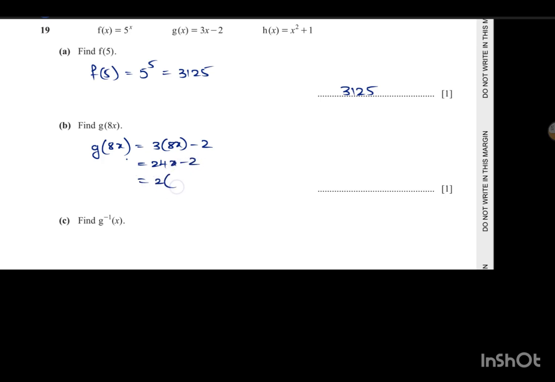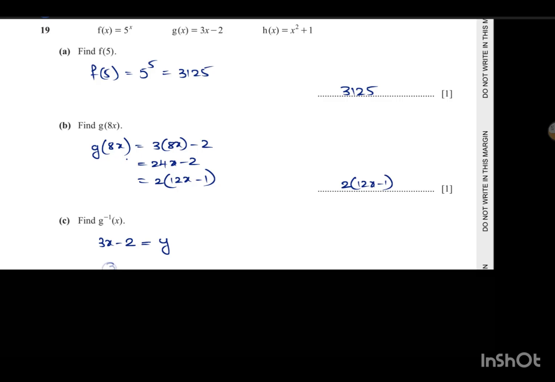You can take 2 common and write in brackets 12x minus 1. This is the answer. Question C. Find g inverse of x. For any g inverse function, you can take the function given, g of x, equal to y, keeping x term on the left hand side.